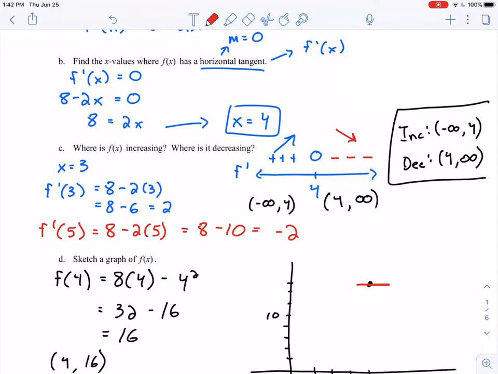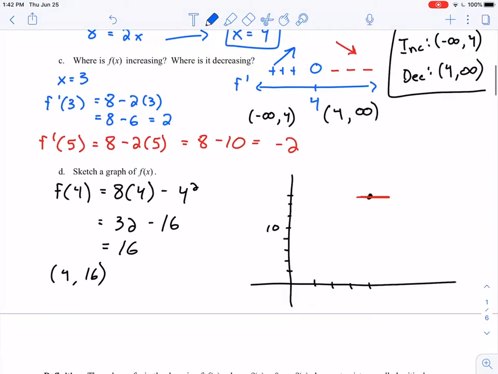Well, look at part C. That's where it changes from increasing to decreasing. My function is sort of switching gears. It's increasing on the left-hand side, it's decreasing on the right-hand side. So hopefully that gives me enough information that I can draw out this graph.